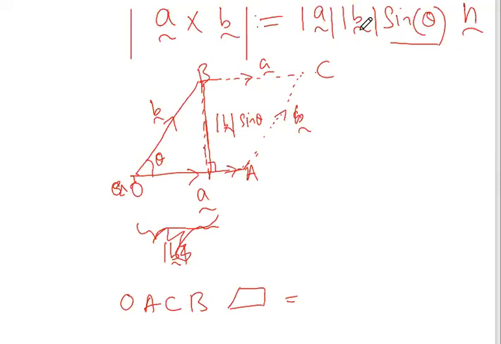The magnitude of n is 1, right? So the area of the OACB parallelogram is equal to the magnitude of A cross B.